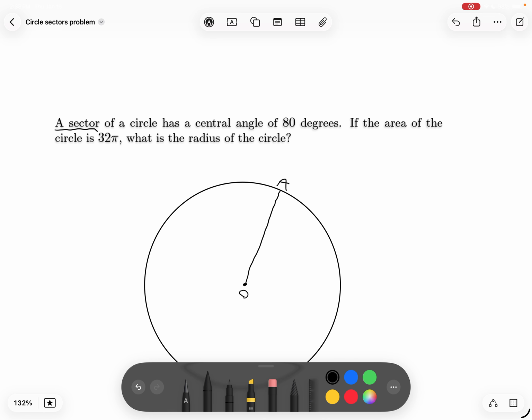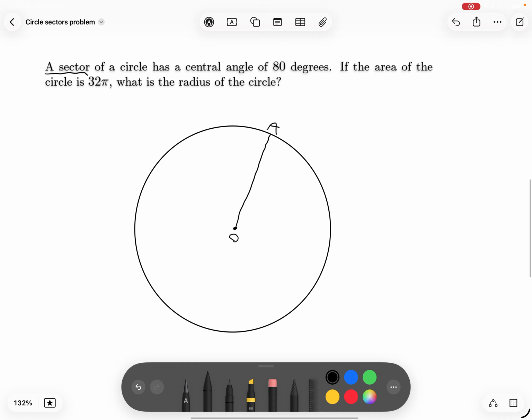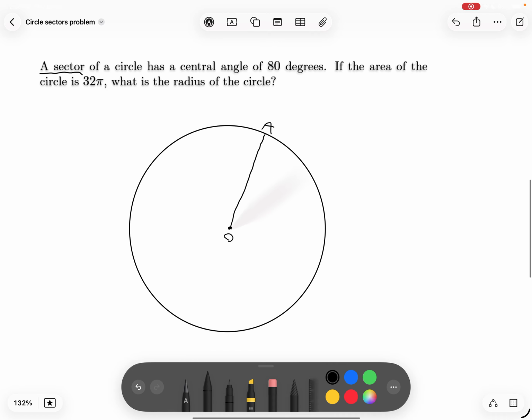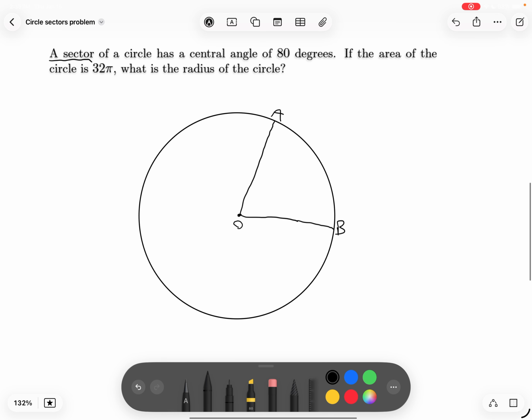So line OA. Then the other end of the sector is going to be over here. Of course, this is not to scale. We're going to call this B. So this whole shaded area, OAB, that is the sector. We just refer to it as sector OAB, or the central angle being AOB.